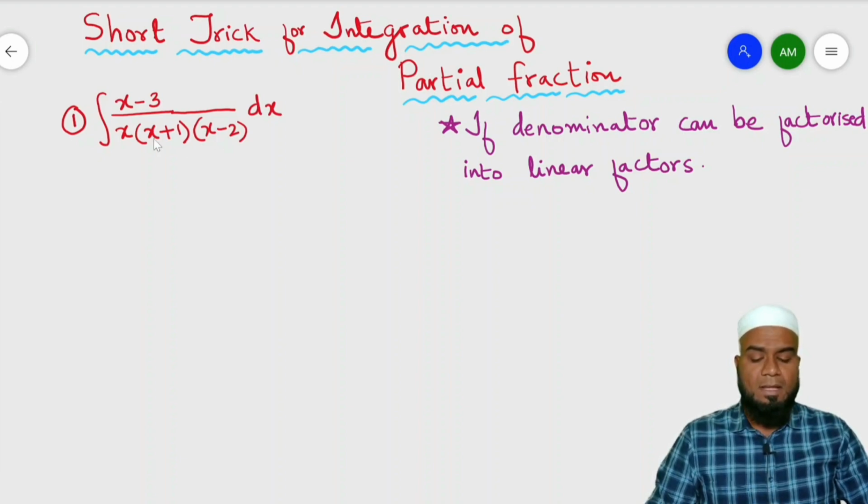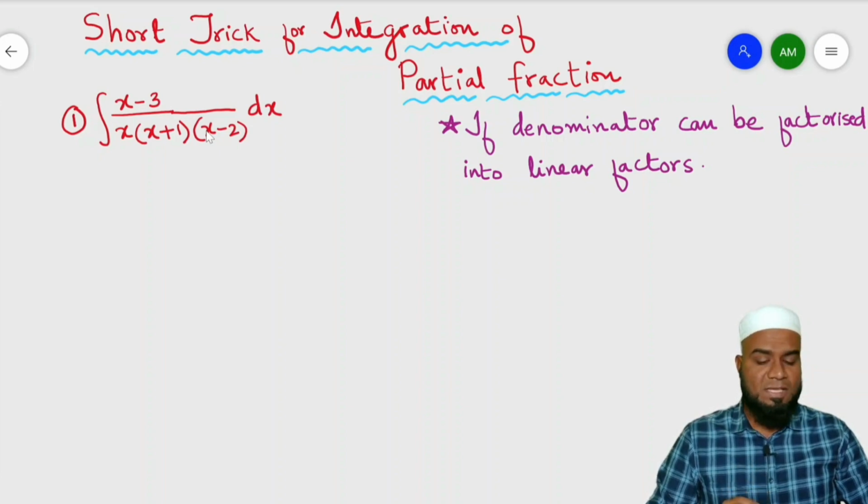This trick is applicable only when the denominator of the given integrand is factorized linearly, meaning it should have linear factors in the denominator. If non-linear factors like x square or x cube are there in the denominator, then this trick is not applicable.